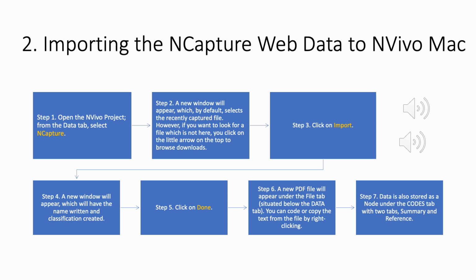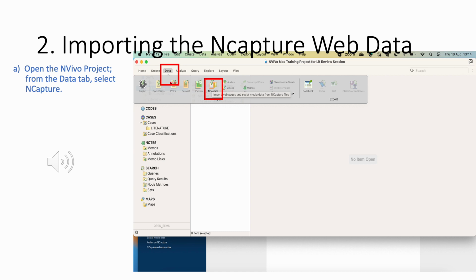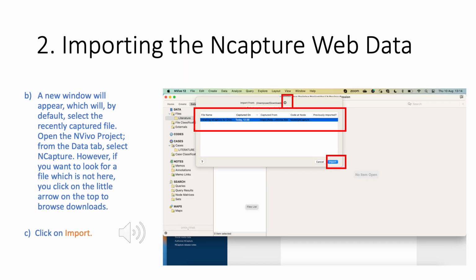Let's practice it. Open the NVivo project to which you want to import the web data and go to Data tab, and from there select NCapture. A new window will appear which will by default have selected the recent NCapture download.